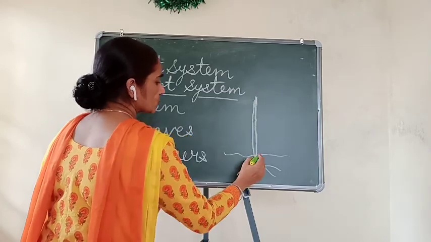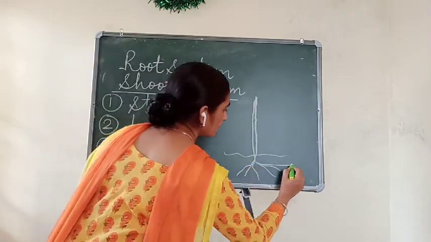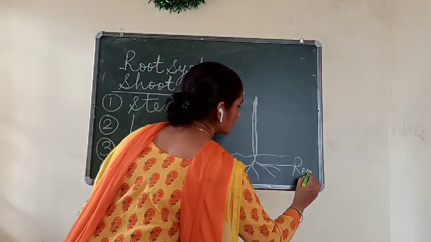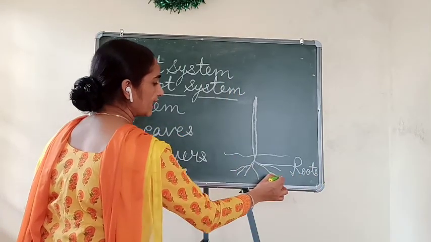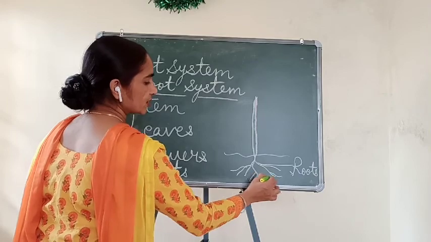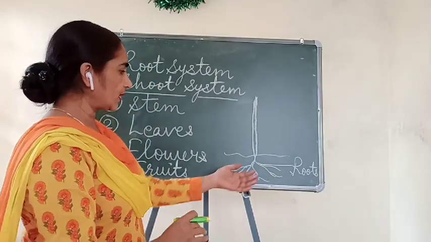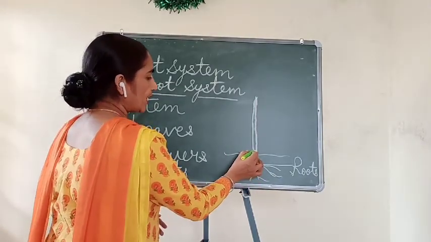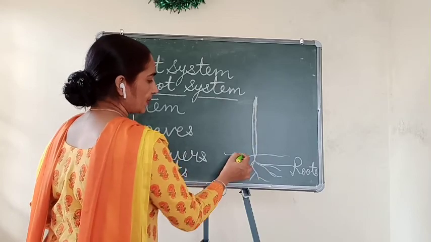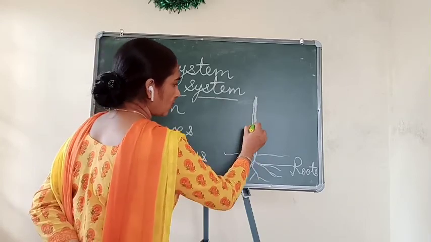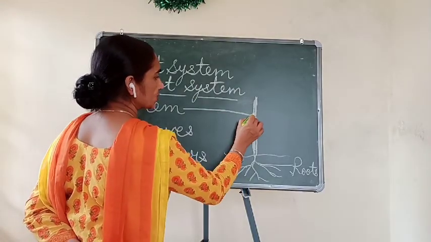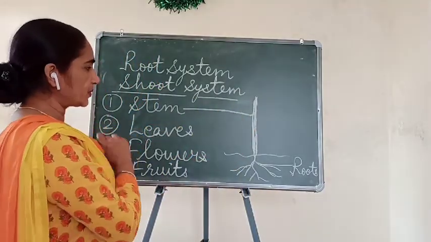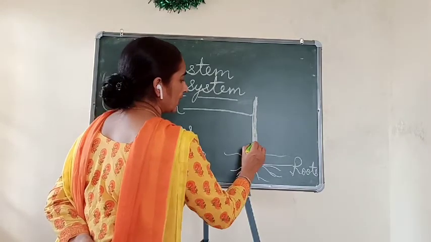So this is the ground level, and these are roots. These are so much branched to absorb water and minerals. And above the ground, this part is called the stem. Here I am labeling so that you can understand which part is which.